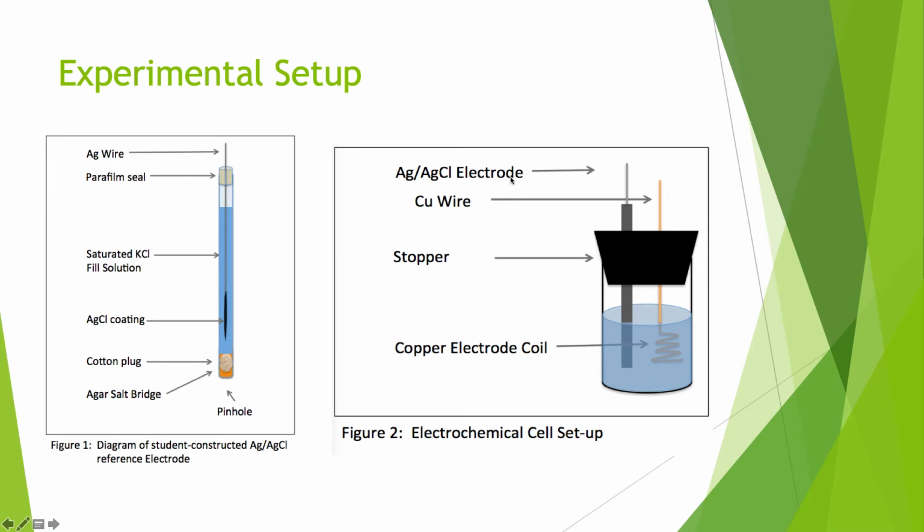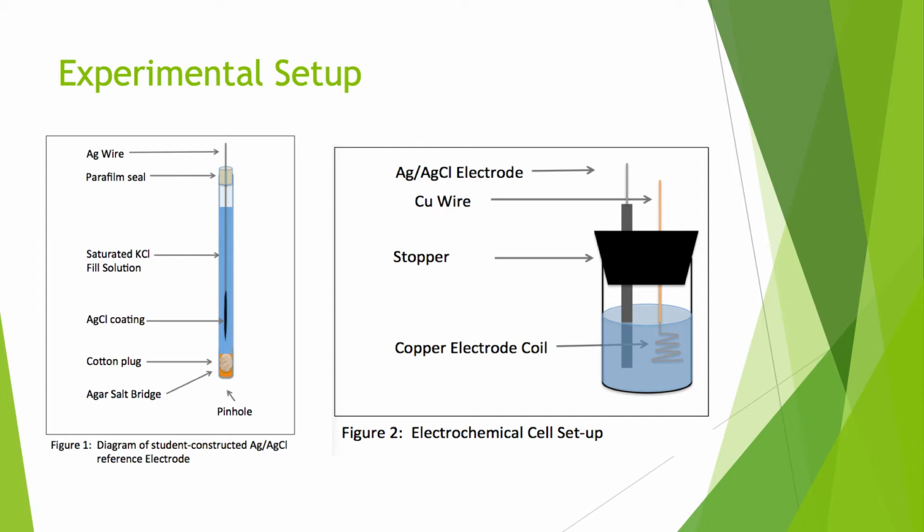Now, for the silver wire, this setup with the glass tube is probably where 90% of your time is going to be spent in this lab. You're going to get a tiny piece of cotton and put it in this glass tube. The glass tube is already pre-stuck in the stopper. You probably don't want to take the glass tube out of the stopper, so leave it in. Take this tiny piece of cotton and put it in the bottom, and you want that cotton to be as small as possible and still stay in the bottom of that tube.